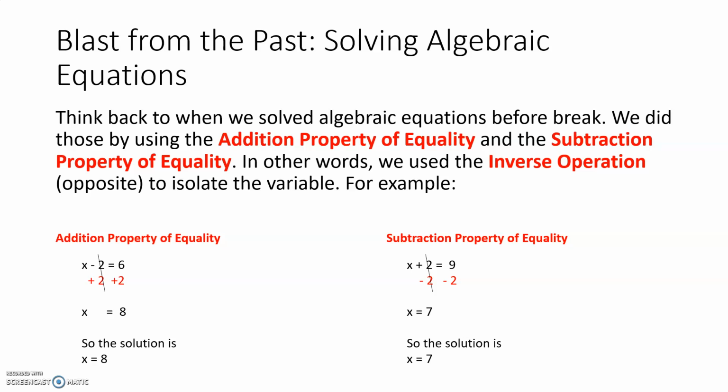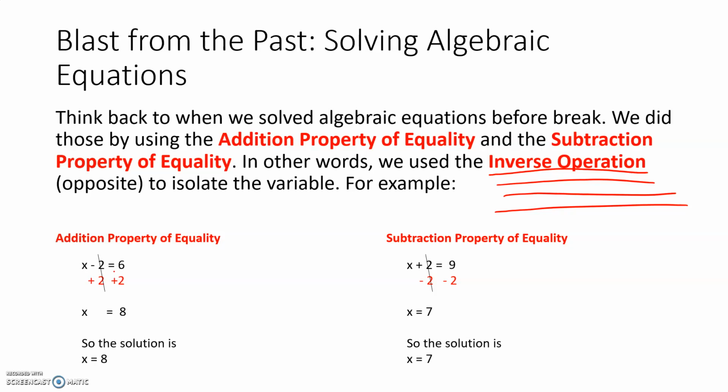All right, blast from the past: solving algebraic equations. Think back to when we solved algebraic equations before break. I'm not too concerned about understanding the terms addition property of equality and subtraction property of equality, but I really want you to hone in on the word inverse operation. That's something key you need to remember, and it simply means to undo, or the opposite.